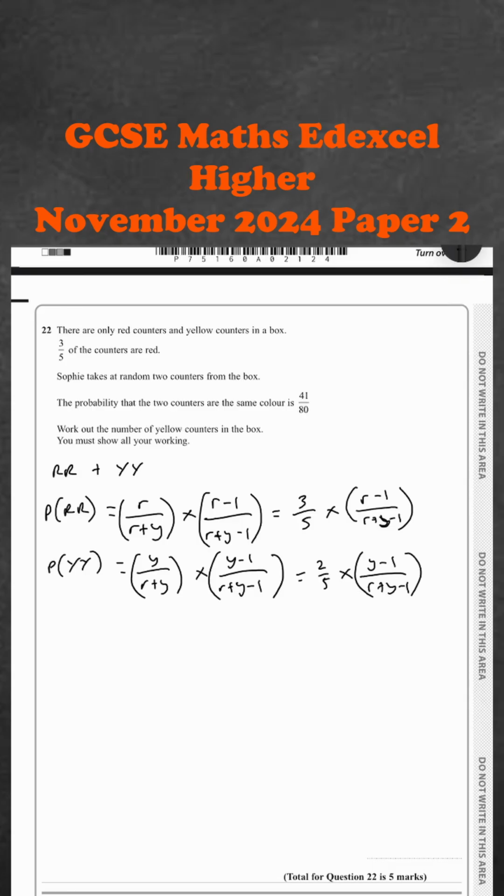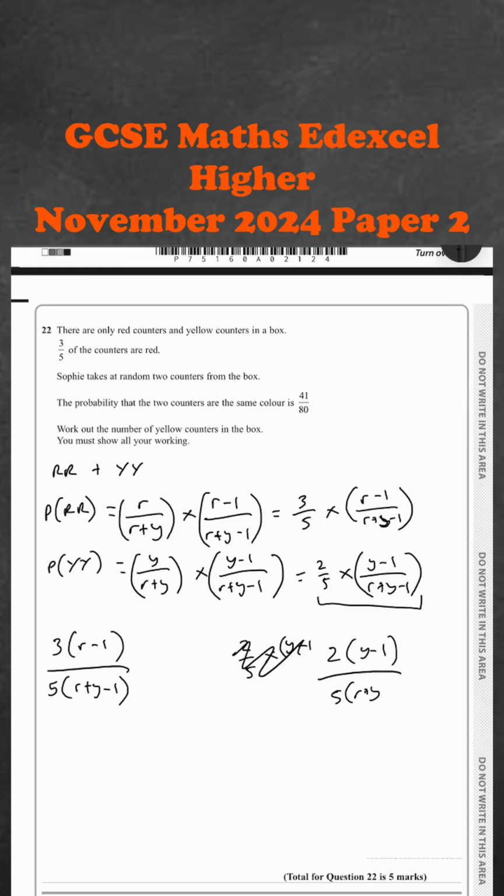So let's expand this out, make this a little bit easier. So we can say this is 3 lots of (r minus 1) over 5 lots of (r plus y minus 1). And then this one is going to be 2/5 times (y minus 1), so 2 lots of (y minus 1) over 5 lots of (r plus y minus 1).